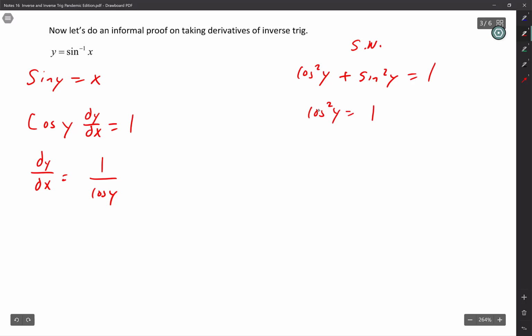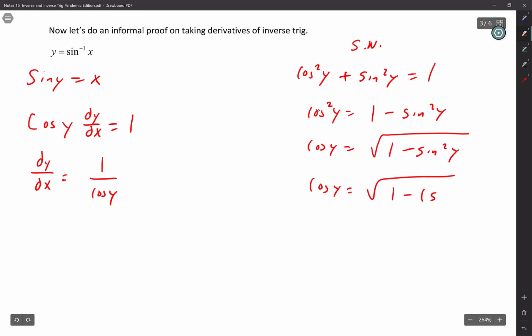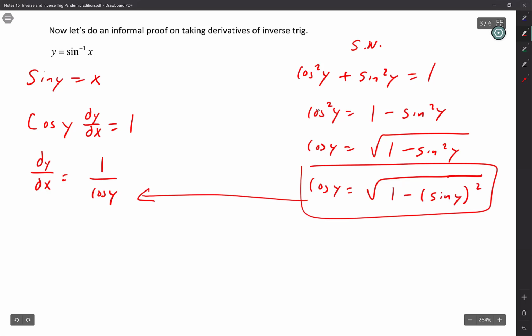Cosine squared y equals 1 minus sine squared y. So cosine y equals the square root of 1 minus sine squared y. And to make it easier for us, I'm going to say 1 minus sine y with a square on it.